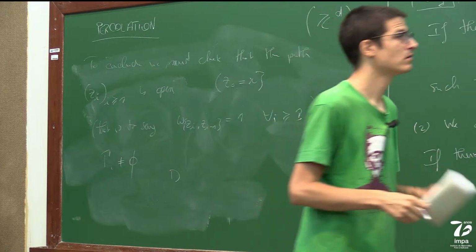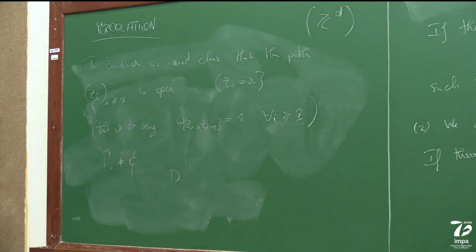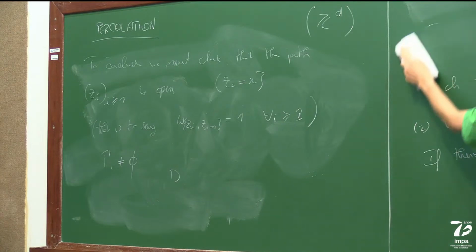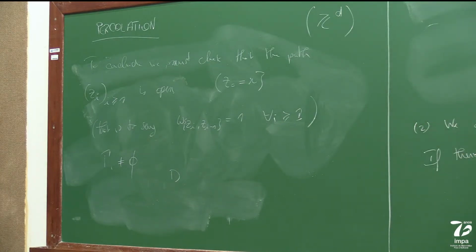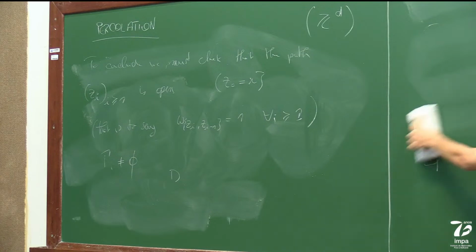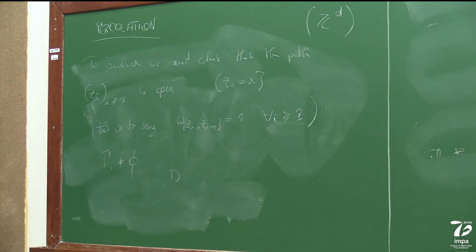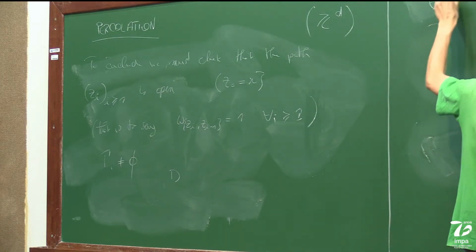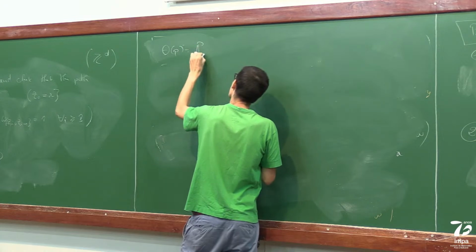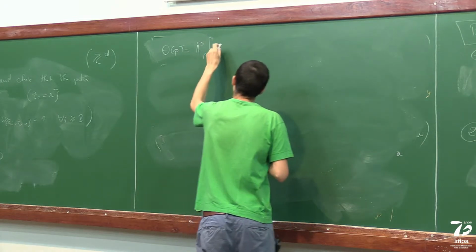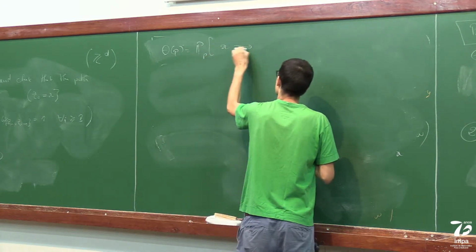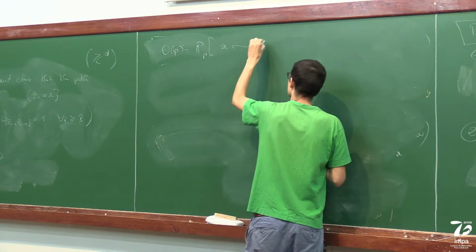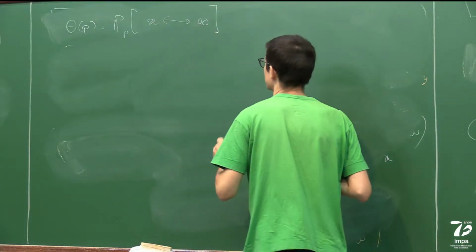So one first quantity one may want to study is just the probability that one vertex is connected to infinity.